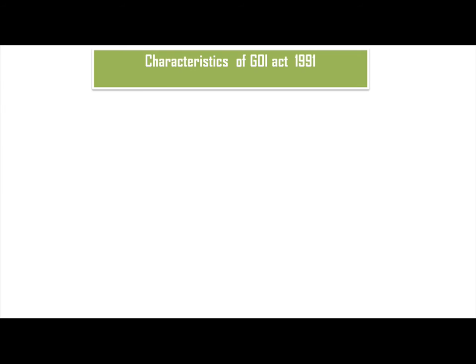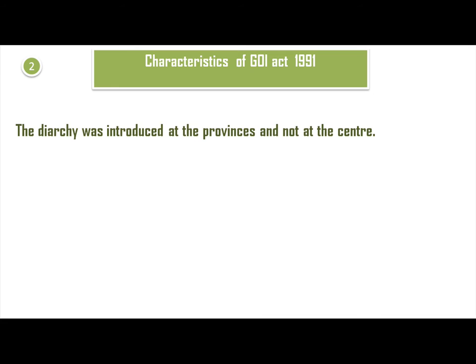Moving on to the second characteristic of this particular act. The diarchy was introduced at the provinces but not at the center. This point we have discussed. Continuing from this, the provincial subjects were further divided into two.